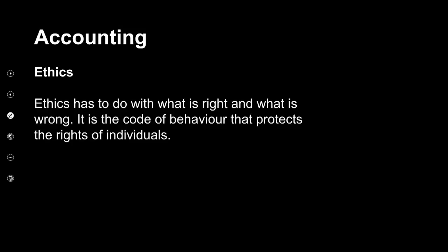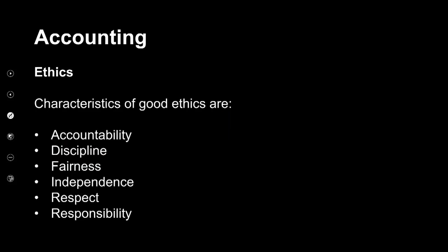With regards to ethics, it also has to do with we have to do what is right and stay away from what is wrong. It is a code of behavior that protects the rights of individuals. Do what is right. What are the characteristics of ethics? Accountability, discipline, fairness, independence, respect, and responsibility.